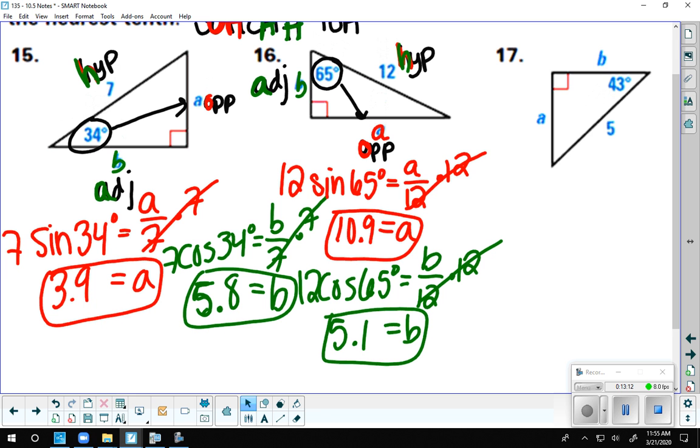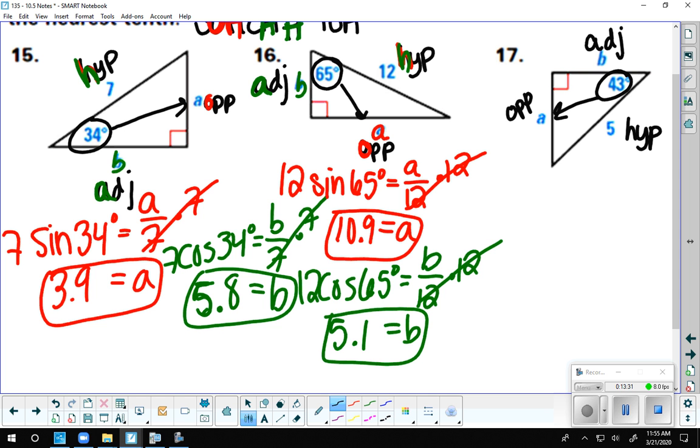And the last one, I'll use some different colors. We start with the angle that we know, and we label our three sides. The hypotenuse is across from the 90-degree angle, A is the side opposite the 43-degree angle, and B is the adjacent side.